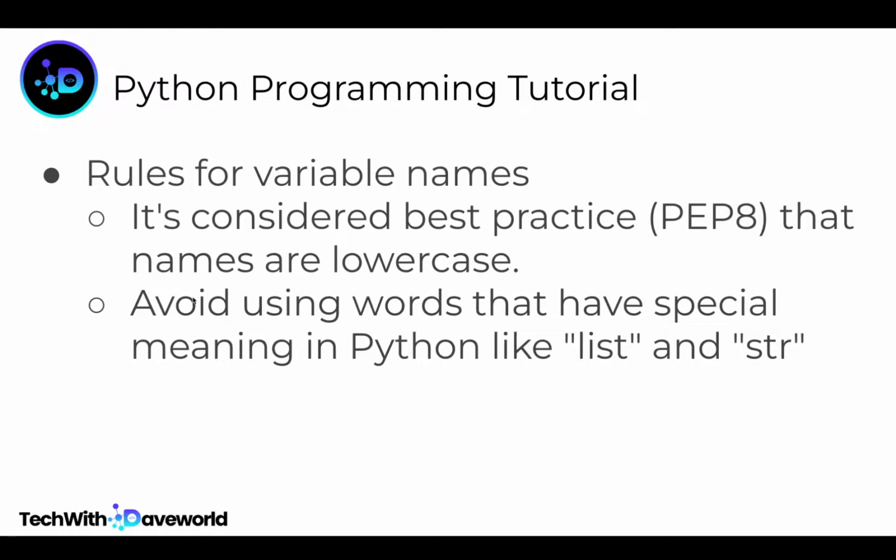All right. So the next is you need to avoid using words that have special meaning in Python, right? So for example, if you are naming your variable, you must try your best to not use whatever name has already been given to Python, so whatever keyword that Python uses already.